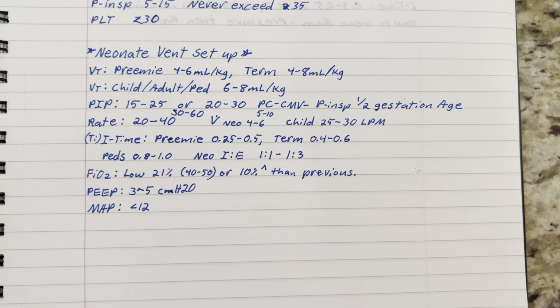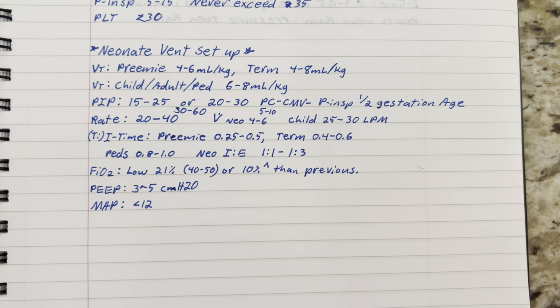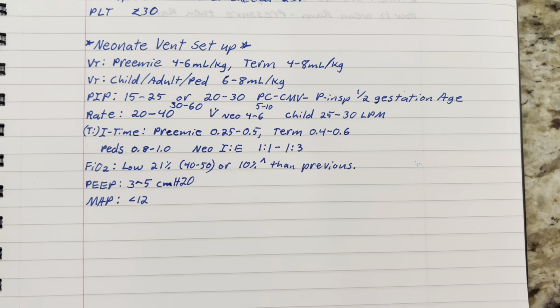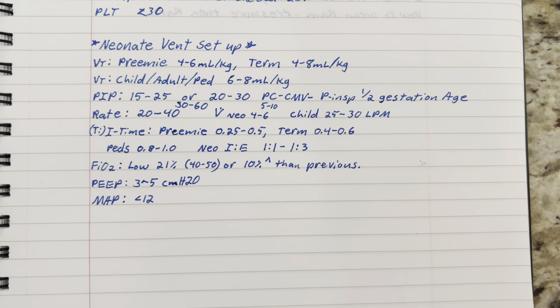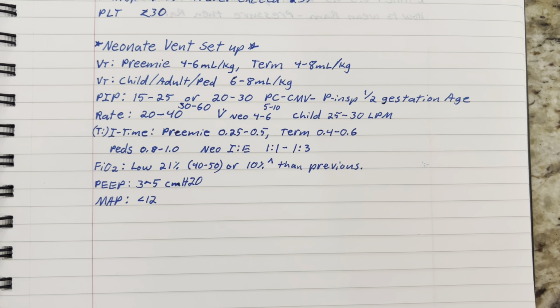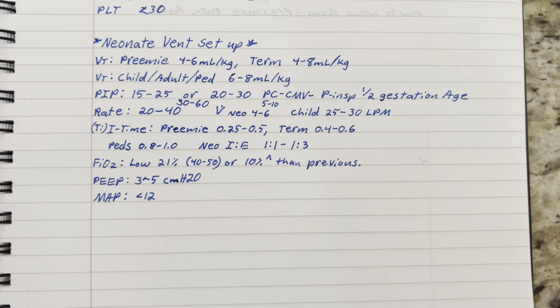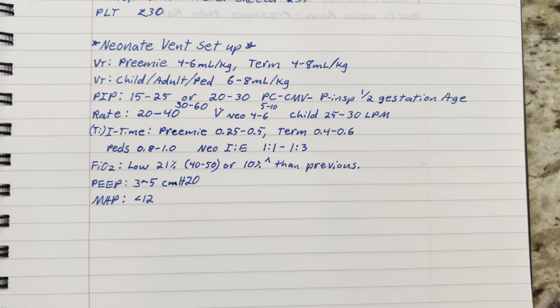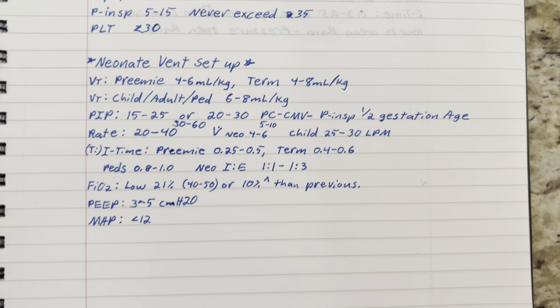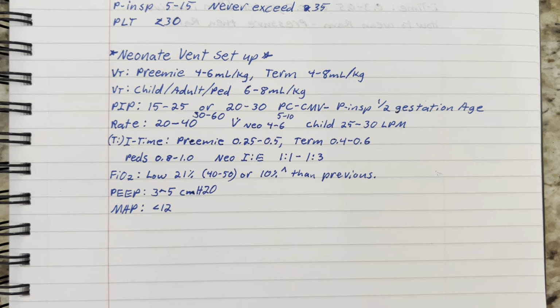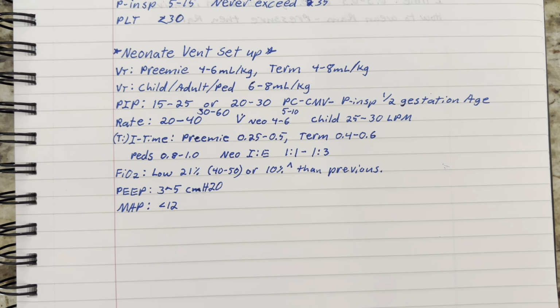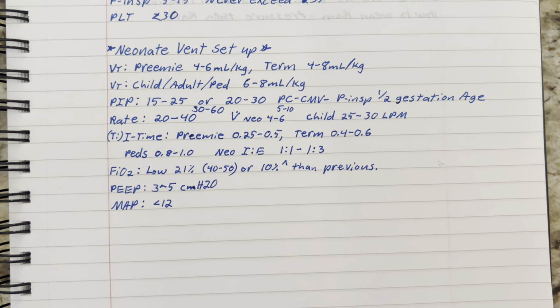Pediatrics I time should be 0.8 to 1.0. General rule is 0.4, rules of 4. Neonate IE ratio should be 1:1 to 1:3.